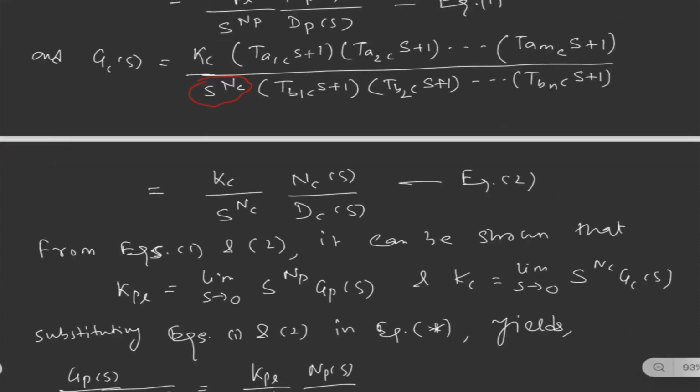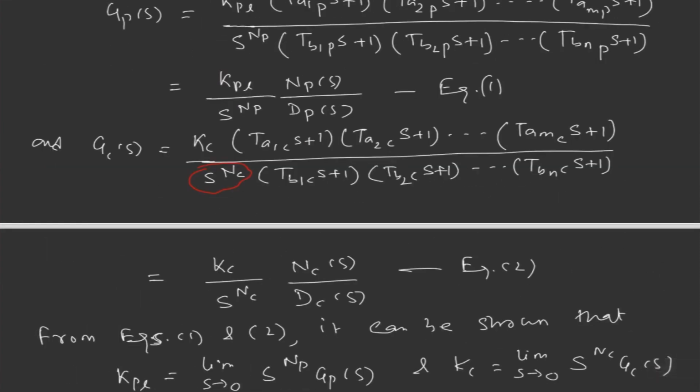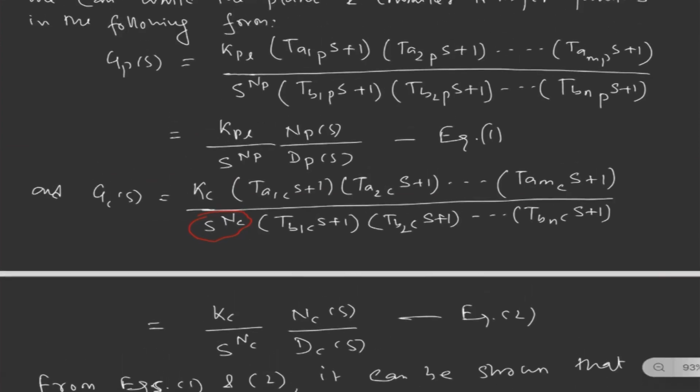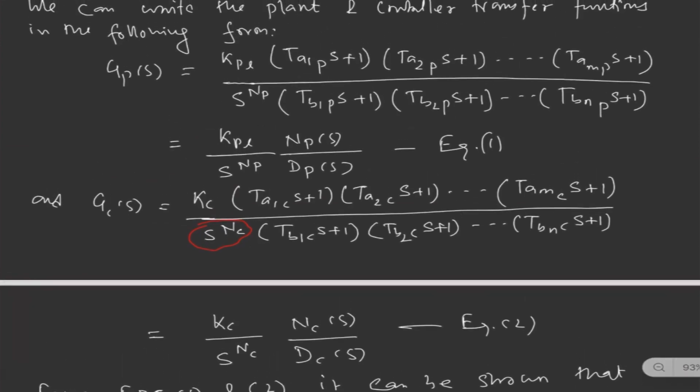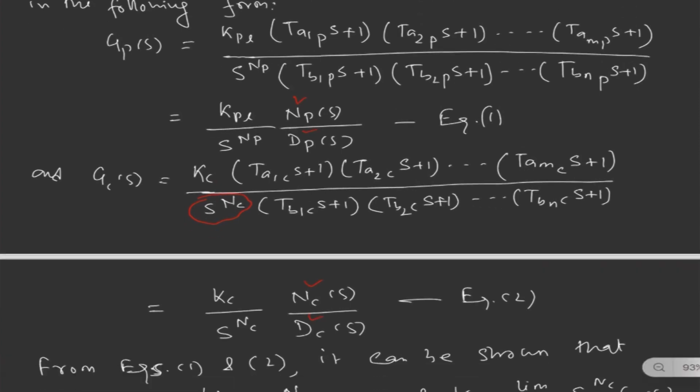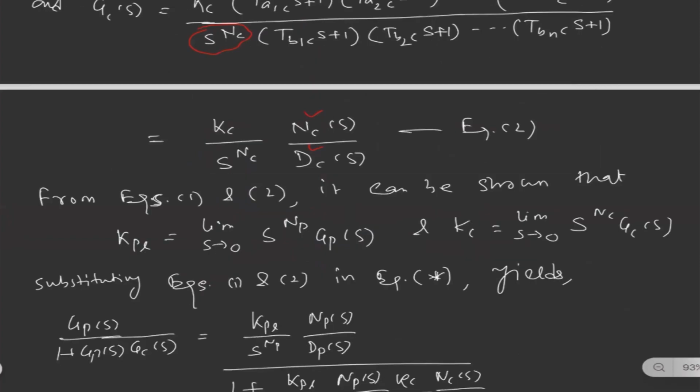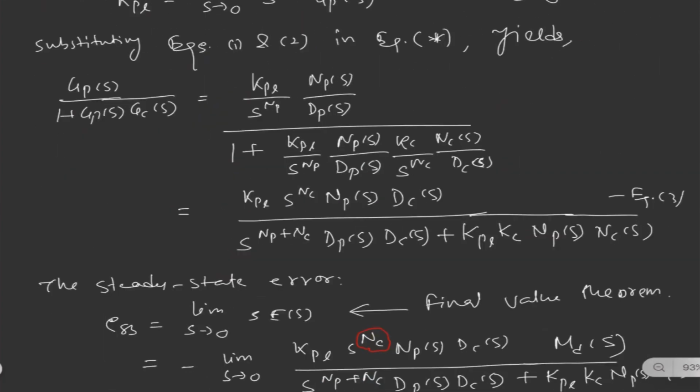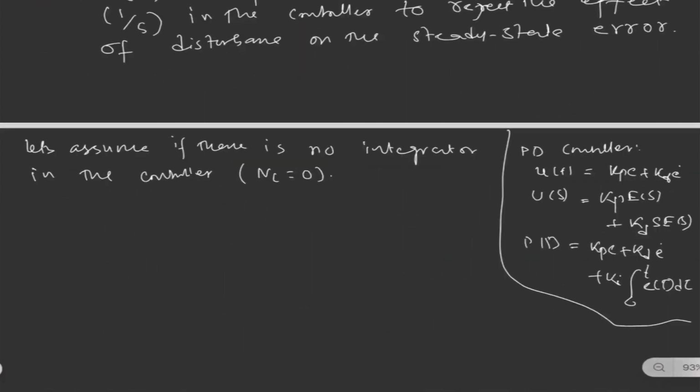From this, what I said before, this N_C, D_C and N_P, D_P, for s equal to 0, those terms are going to be 1, right?